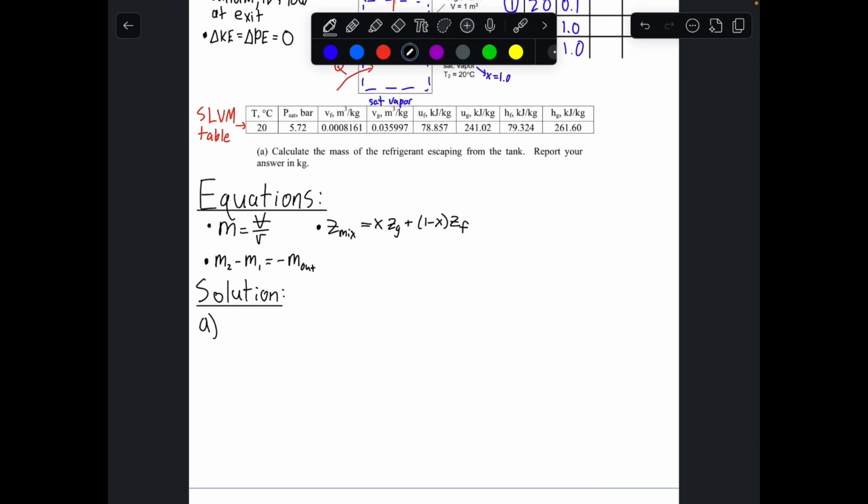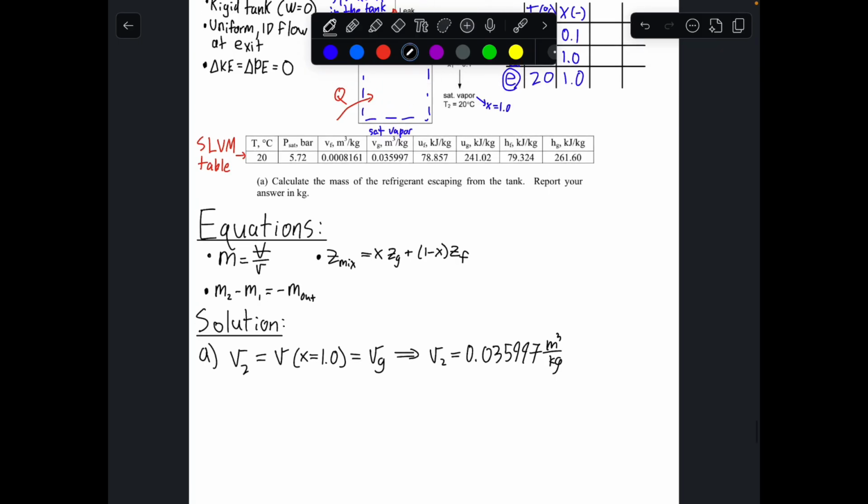So, when the quality is 1.0, V2 is going to be equal to the specific volume when you have a quality of 1.0, which is just going to be equal to VG. And so we'll say that V2 is equal to our value here of 0.035997 meters cubed per kilogram.